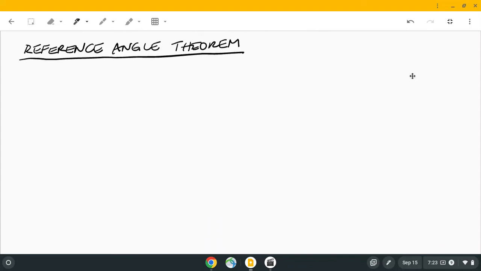Okay, so a trig function, like sine, cosine, tangent. So a trig function of an angle.